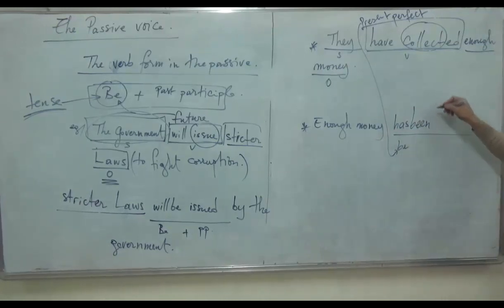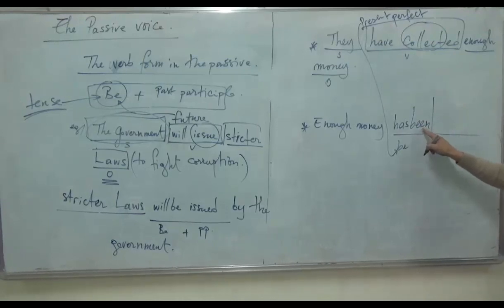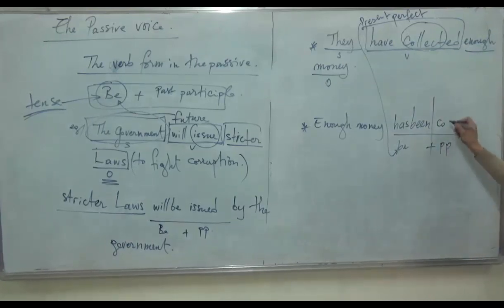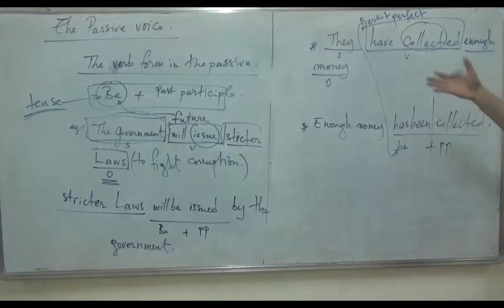What's this? This is the present perfect of to be. Why the present perfect? Because the verb in the active voice was in the present perfect. Plus the past participle. Be plus past participle: collected. Full stop, because we don't have any information about the actor. By who? By them. Who are them? I don't know, so no need to mention it.